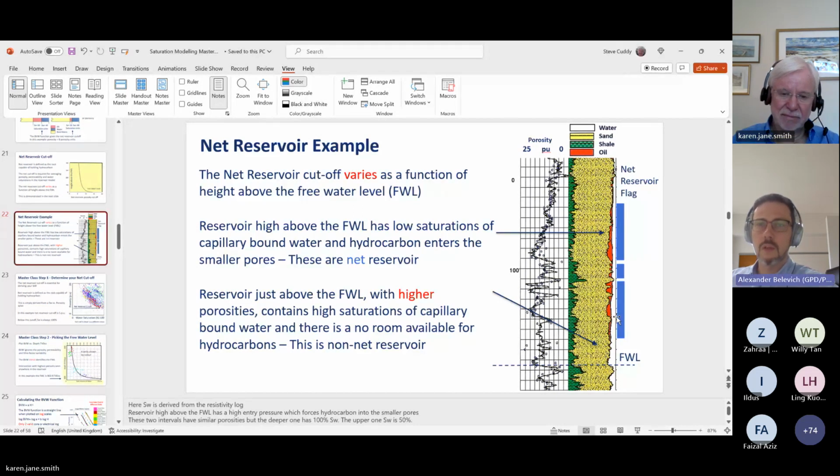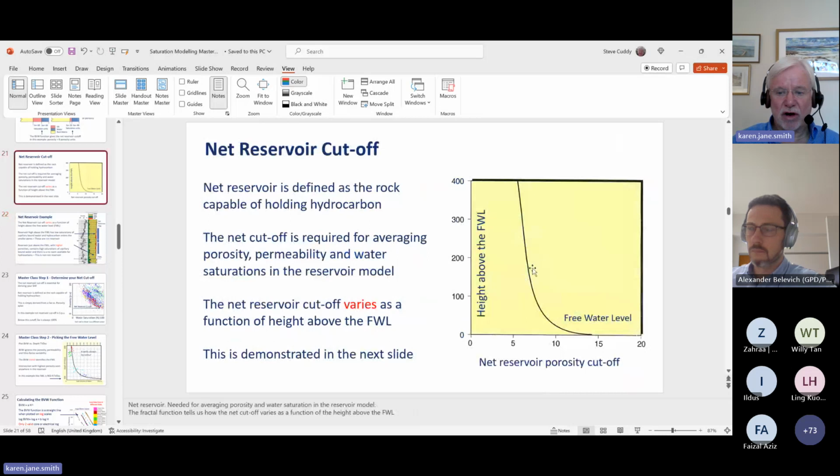Thank you, understood. So it's a low perm rock, basically. No, this is very high porosity and permeability, but it's close to the free water level. The net cutoff changes. As we get closer to the free water level, the net cutoff goes from 5 porosity units up to 15.